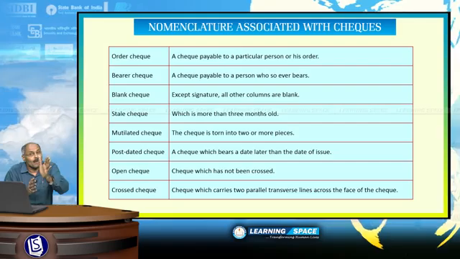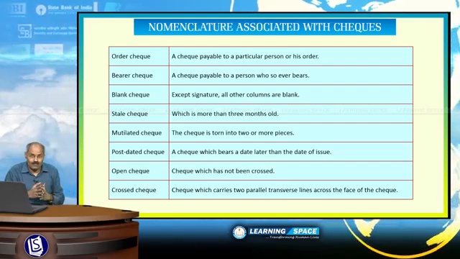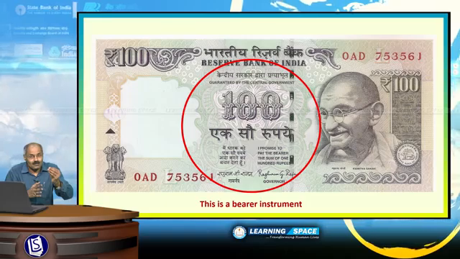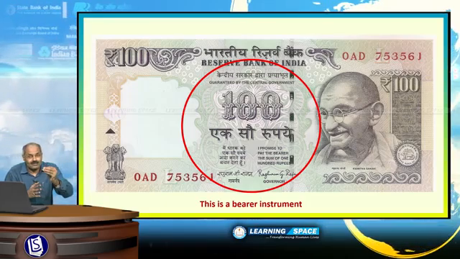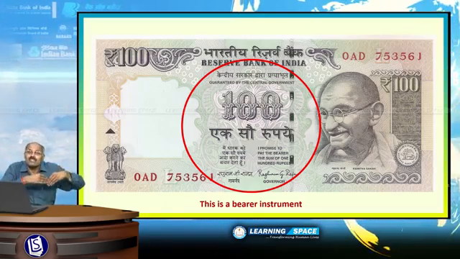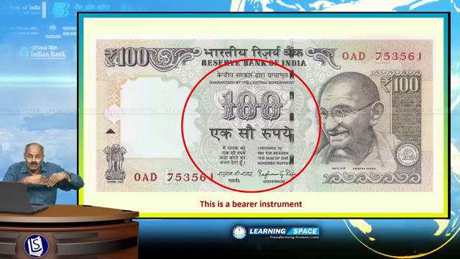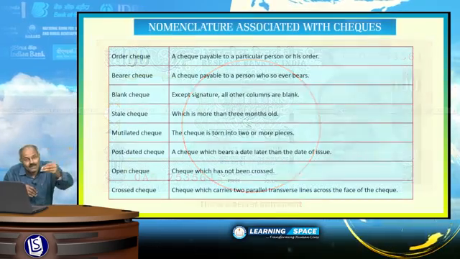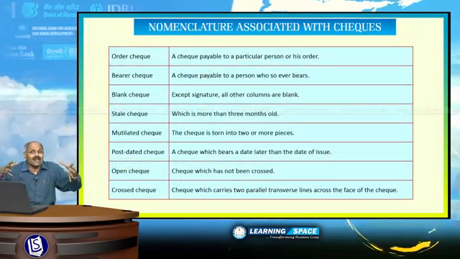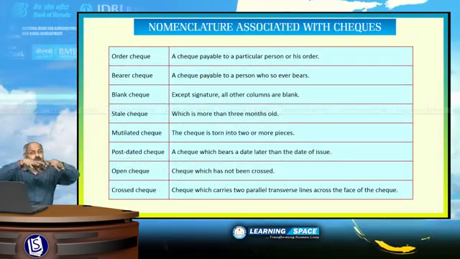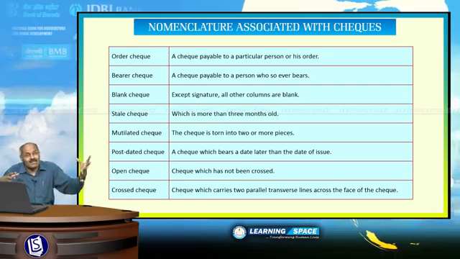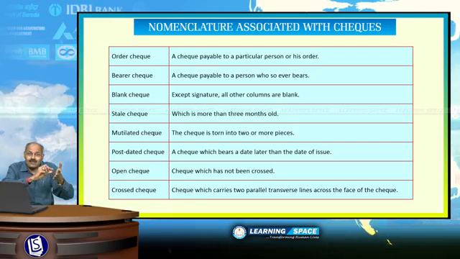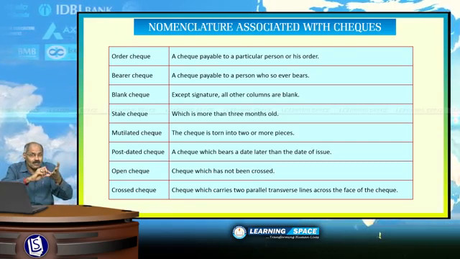Currency note is a bearer instrument, because the owner is the person whoever holds that currency note. Here the bearer check is the check payable to a person whosoever bears, that means whosoever presents the check is the bearer. Order check is written in somebody's name.